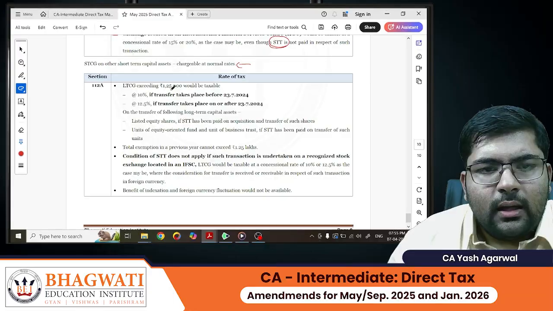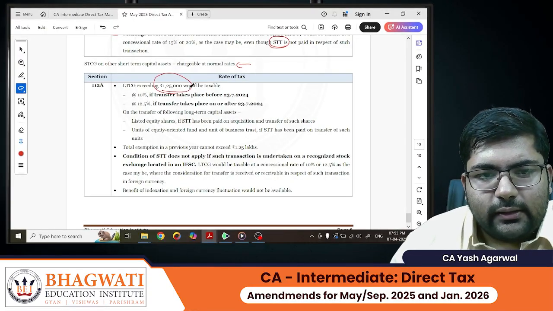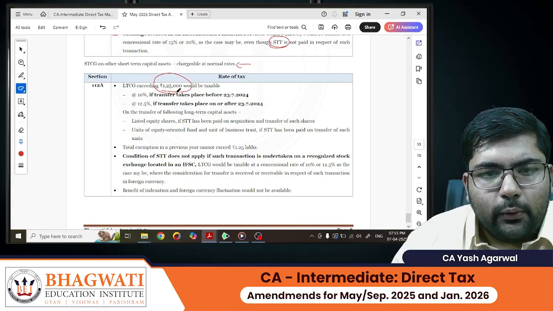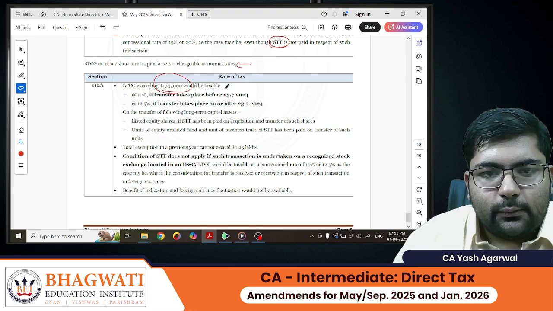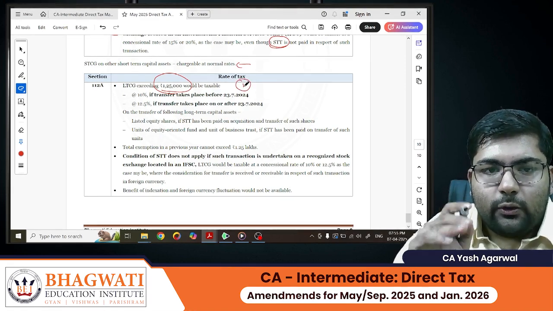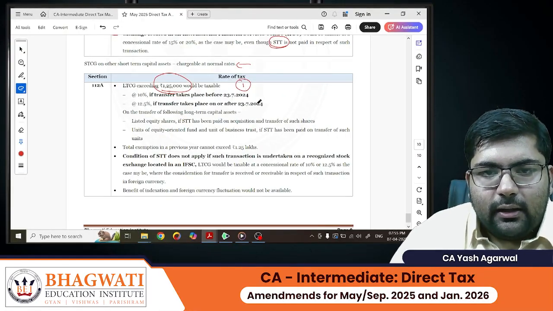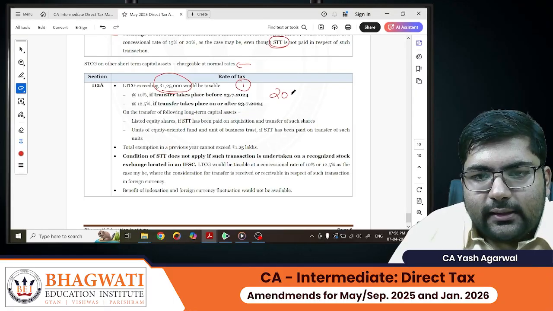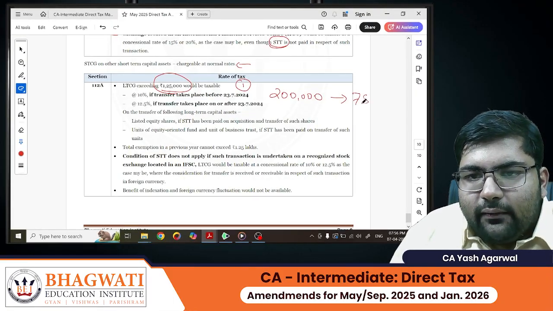112A. See, this limit of deduction or exemption under 112A was different earlier. It has been modified to 1.25 lakhs from this particular assessment year, from 25-26. This is one key amendment in 112A, that the exemption has been increased to 1,25,000 now. So if you make an LTCG taxable under 112A of 2 lakh rupees, you will pay tax only on 75,000 rupees.